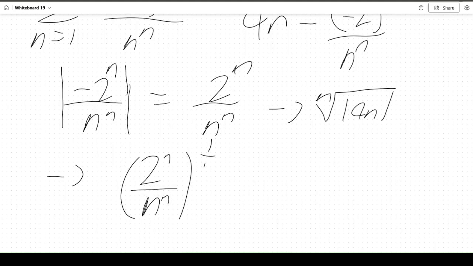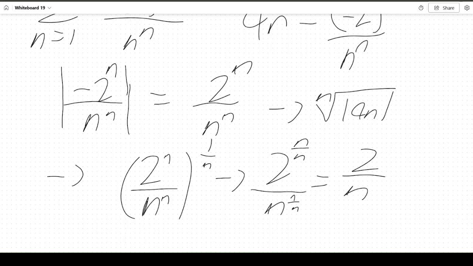When we distribute the 1 over n, this would be n over n, and this will distribute to the denominator too, so it will be n over n. And what is n over n? n over n is 1. So this will be 2 over n.